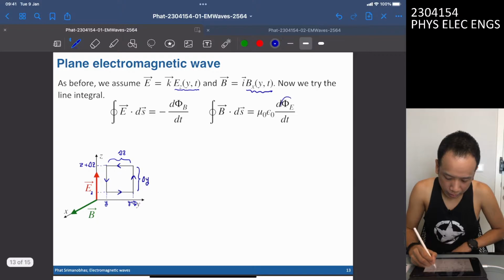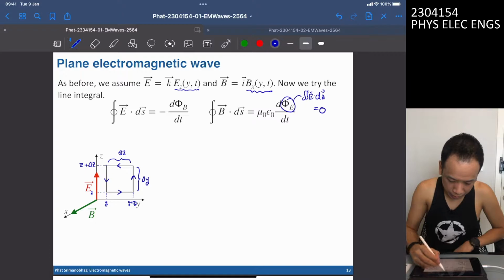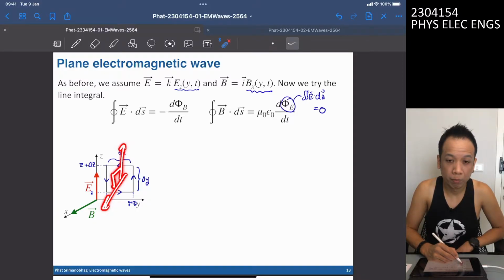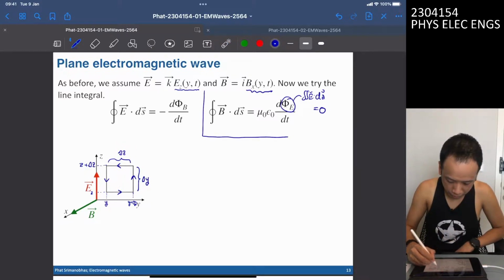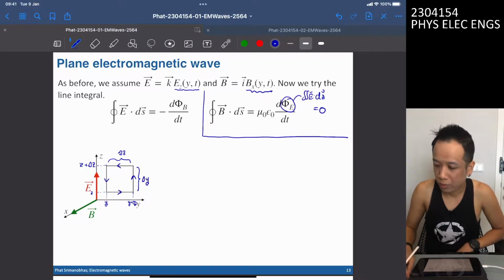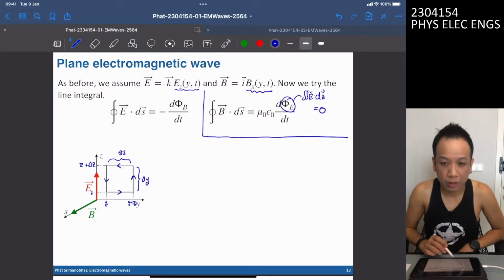So the flux of E, the integral of E dot dA, becomes 0, right? Because E is in this direction, but the dA is in this direction, so it's basically perpendicular, okay? So the dot product becomes 0. Okay, so we don't really have to think about that. It falls into the same situation as we learned before.